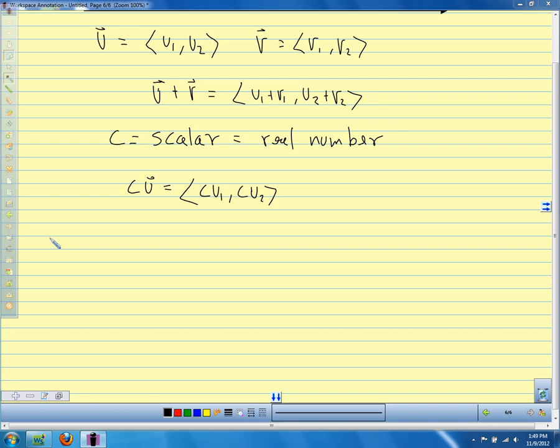So we'll do a quick example and then we will be done. If we have u, my u vector is negative 5, 2, and v is 6, negative 3.